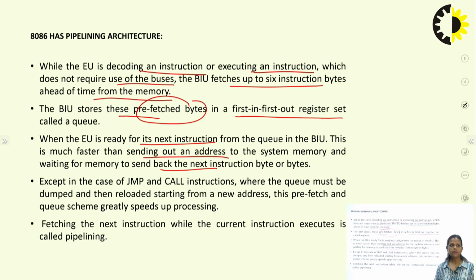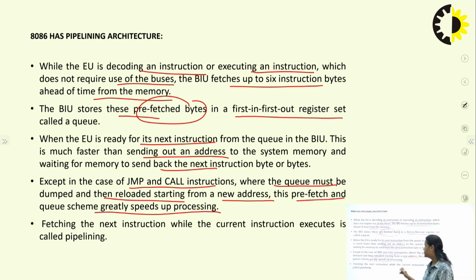Here we have to clear out the queue, because for a jump or call instruction we have to go to some other location, right? So in case of jump and call instruction, the queue must be dumped and then reloaded starting from the new address. This prefetched queue scheme greatly speeds up processing.